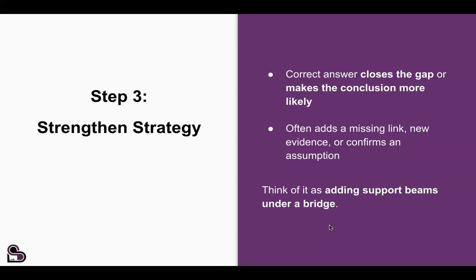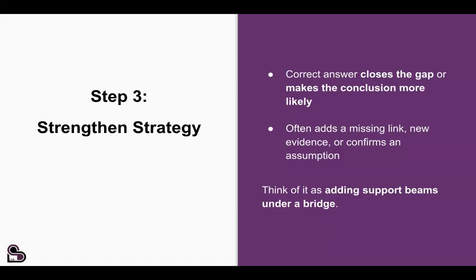So step three, your strategy. Correct answers close the gap and make the conclusion more likely. A correct answer often adds a missing link, new evidence, or confirms an assumption. So in a strengthening question, a correct answer makes it more likely, more possible, more accurate.